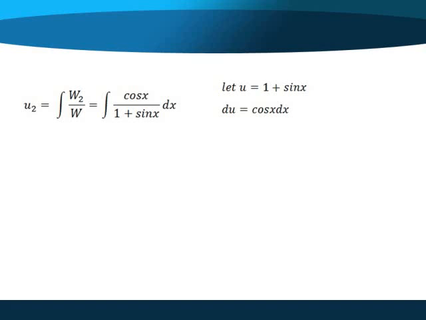Now we substitute u and du into our equation. And so, we now have the integral of du over u, which is equal to ln of u plus some constant c2. Substituting back the value for u, we have u2 equal to ln of 1 plus sine x plus some constant c2.